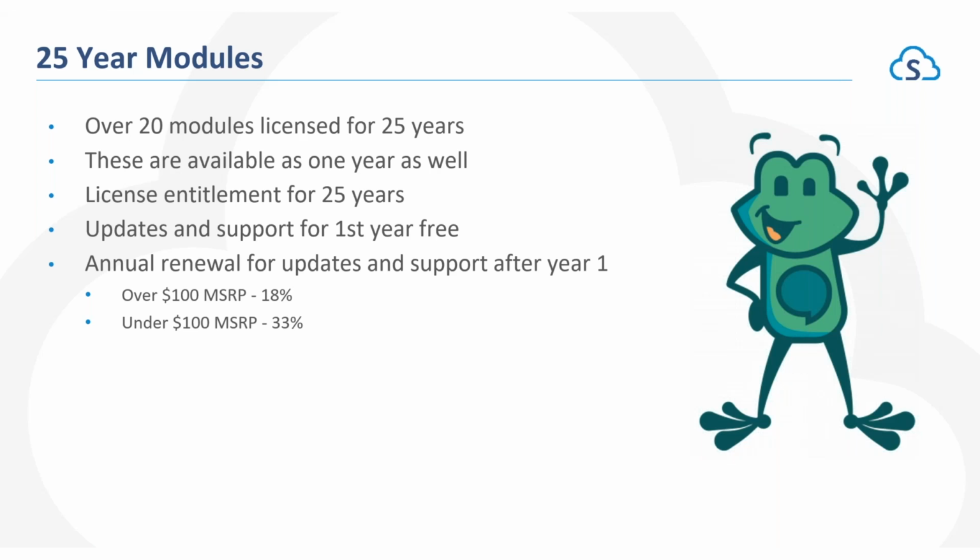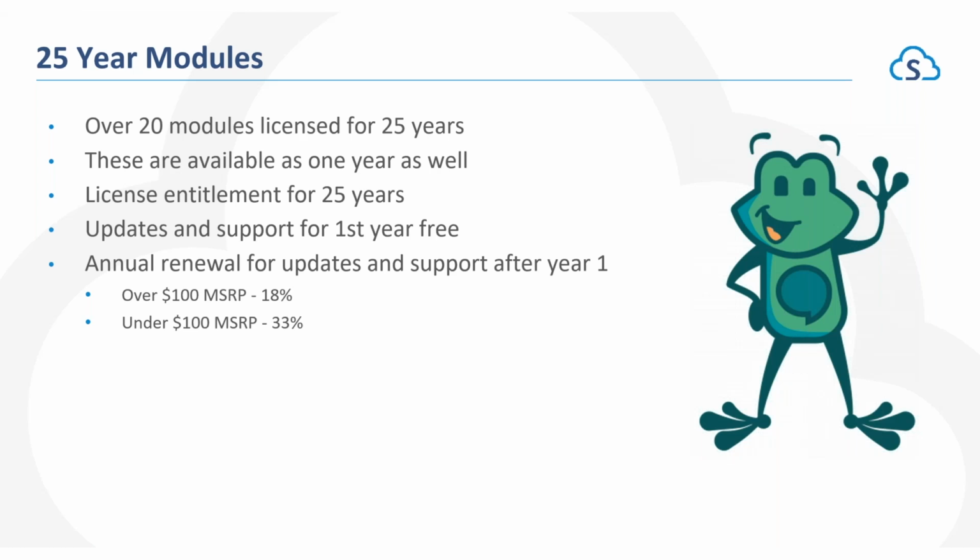So it gives you entitlement to using the module. It comes with updates and support for free in the first year, but after that year, if you need support or help, or if you want to be entitled to updates, you will need to renew the updates and support after a year.